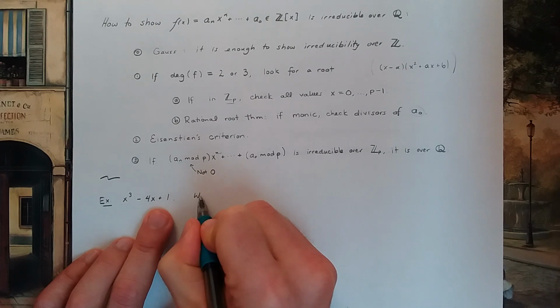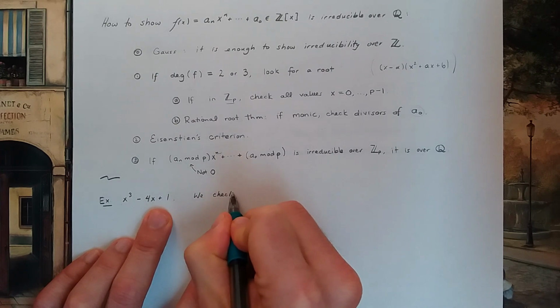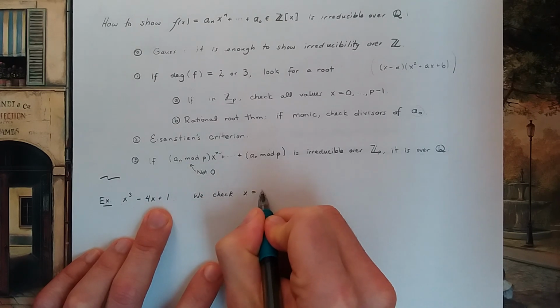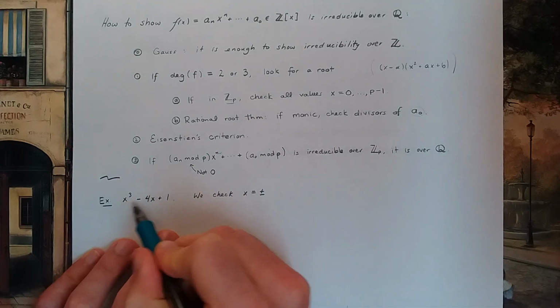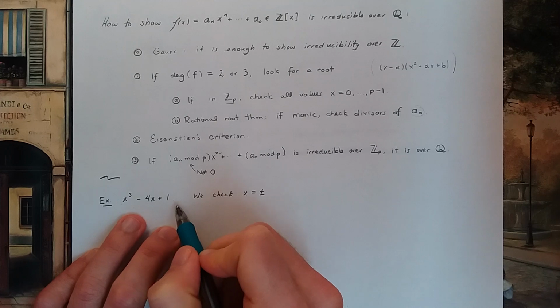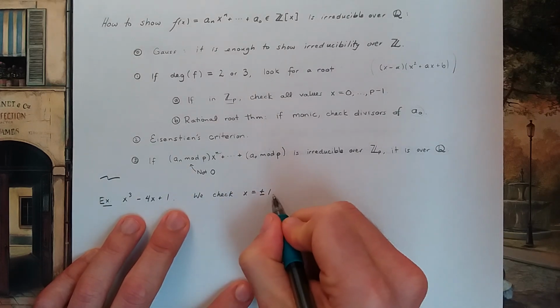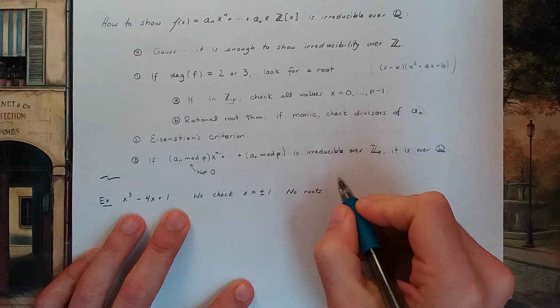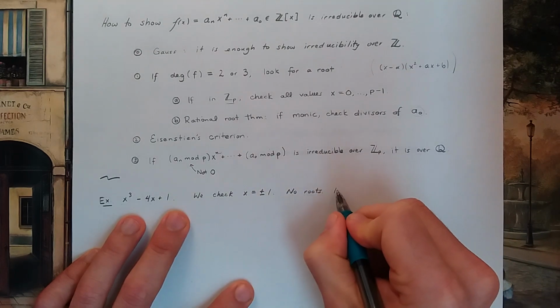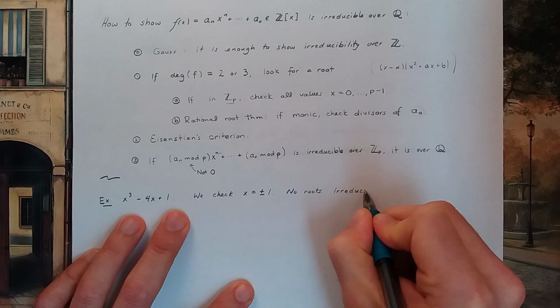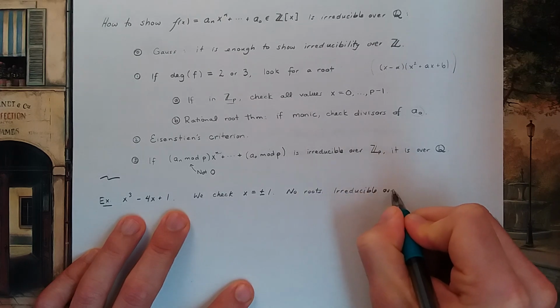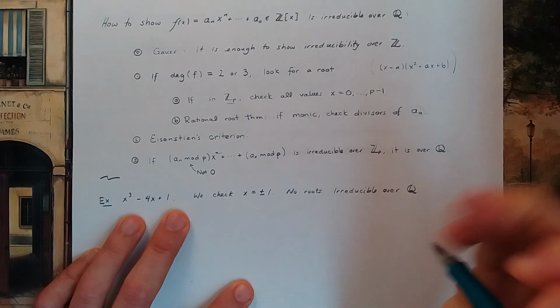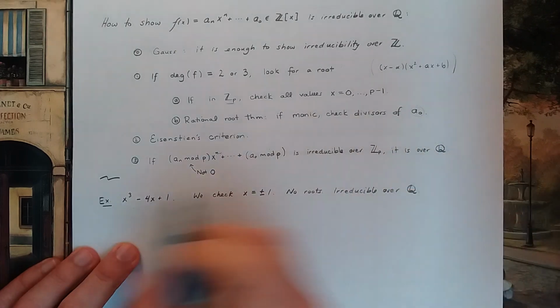So we check x equals plus or minus 1. You plug it in here. Neither one evaluates to 0. So I have no roots. That means it's irreducible over the rationals.